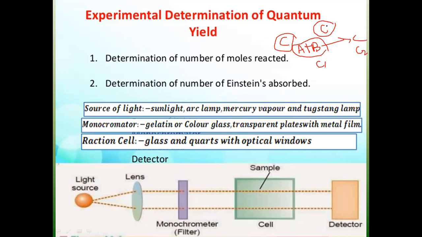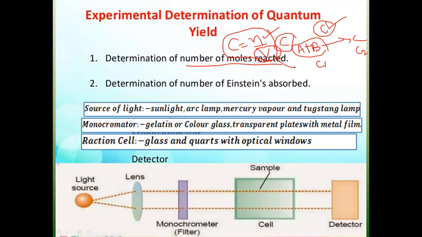If you know the concentration, then you can find out the number of moles reacting, because concentration is equal to n upon V. So the basic formula for the concentration, concentration is equal to n, the number of moles, and the second one is the volume.